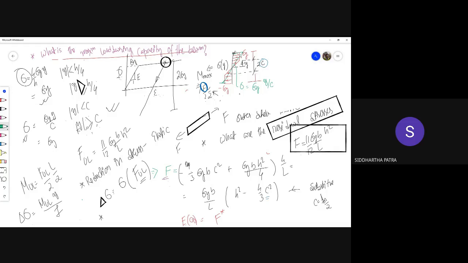So your region of consideration is this portion. These are going to be your residual stresses.